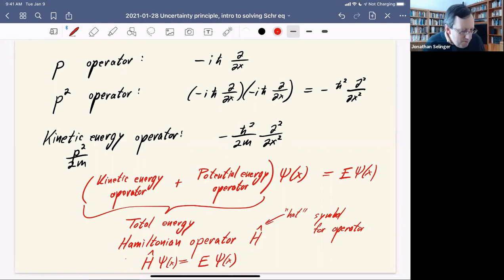So, this is a really compact way of writing the time-independent Schrodinger equation.